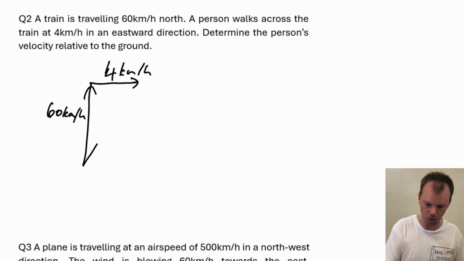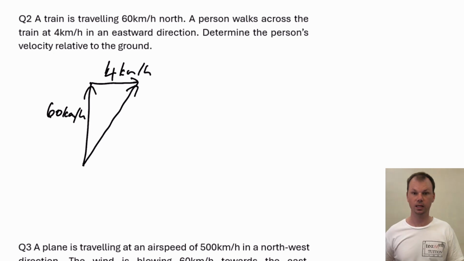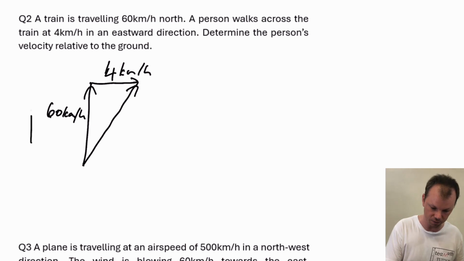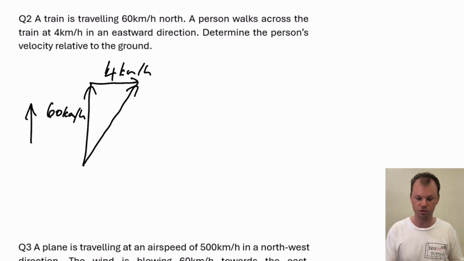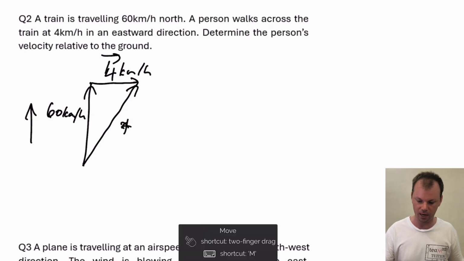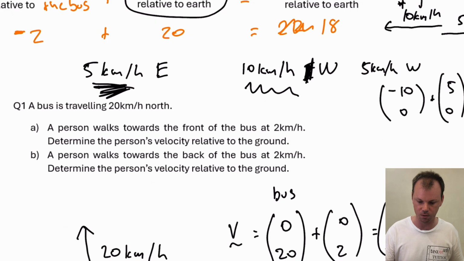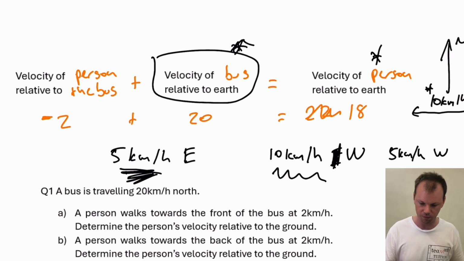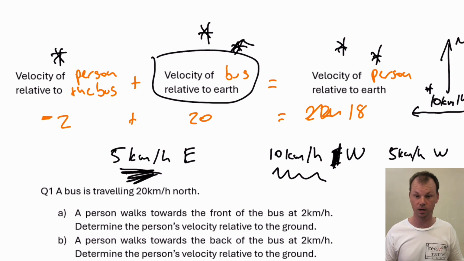We want to know what the person is walking relative to the ground. So they're traveling 60 kilometers an hour with the train, plus they're going 4 kilometers an hour this way. So we're adding the vectors together to get relative to the ground. And that's exactly the same as the equation that we had up here. We've got this velocity vector plus this velocity vector gives the velocity vector relative to the ground.